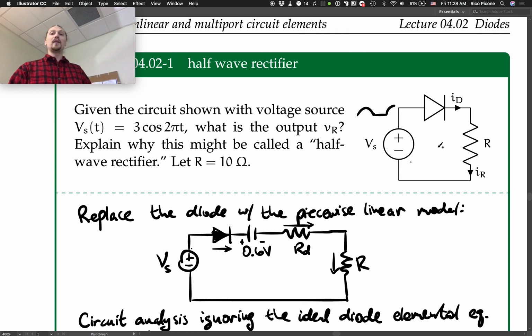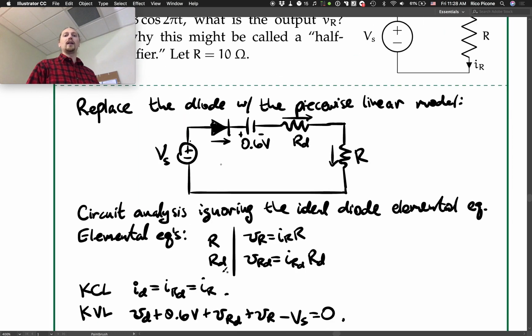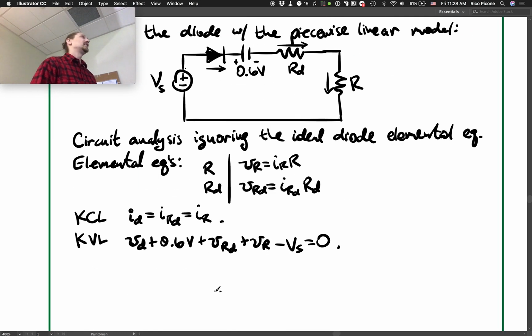So when we assume that the ideal diode is off, then we're assuming that the current ID is 0, right? When we assume that the diode is on, it's a perfect conductor, so VD is 0. So we want both of those solutions. And we can do that without having VD and ID.